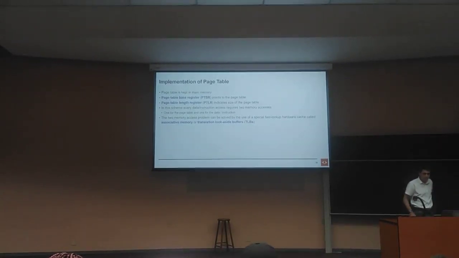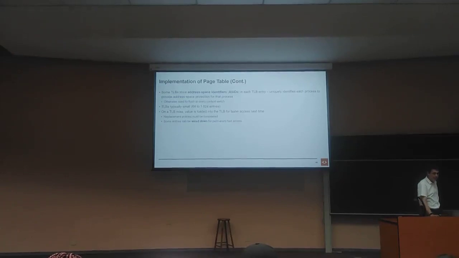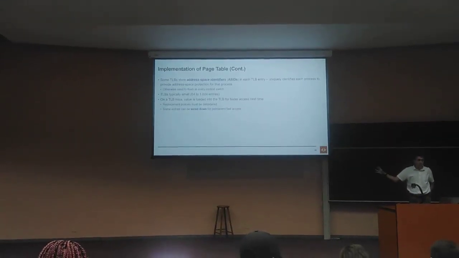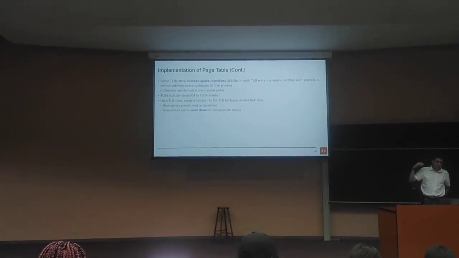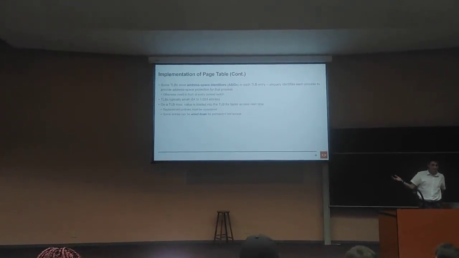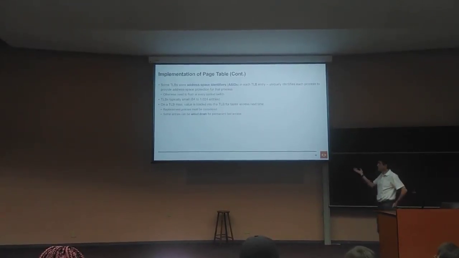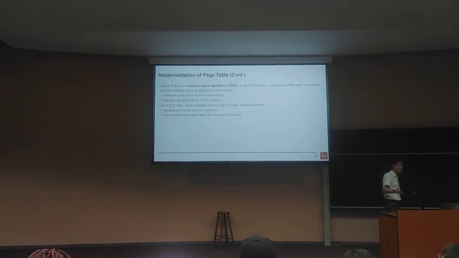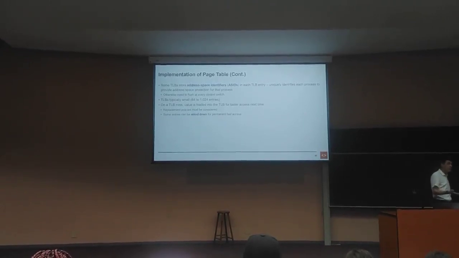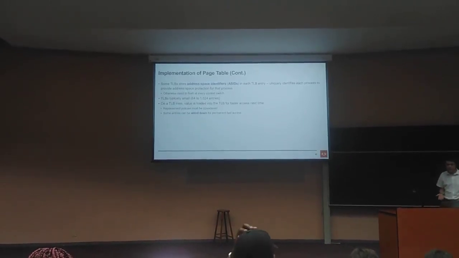The translation look-aside buffer has a number of features associated with it. For instance, it is typically small, from around 64 to about 1024 entries. It acts as a cache for the different page table entries that you're going to have.